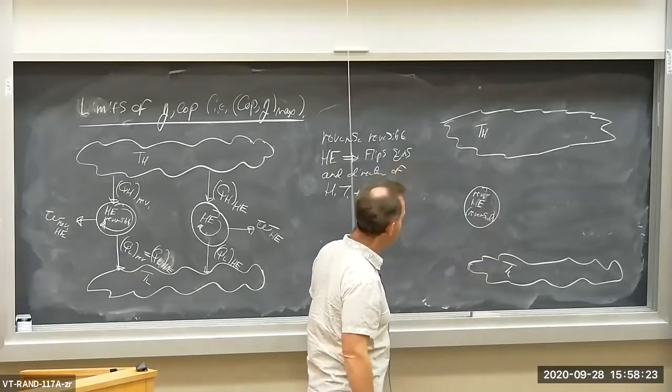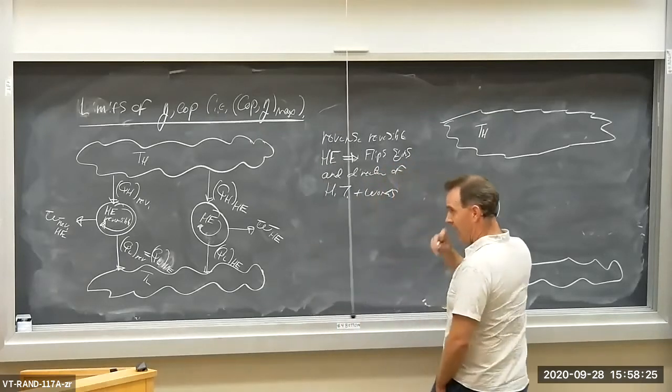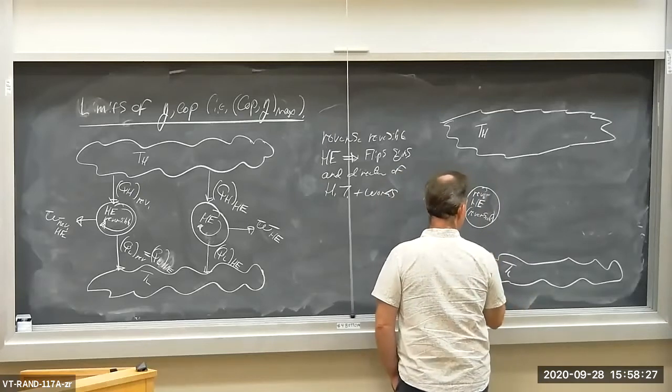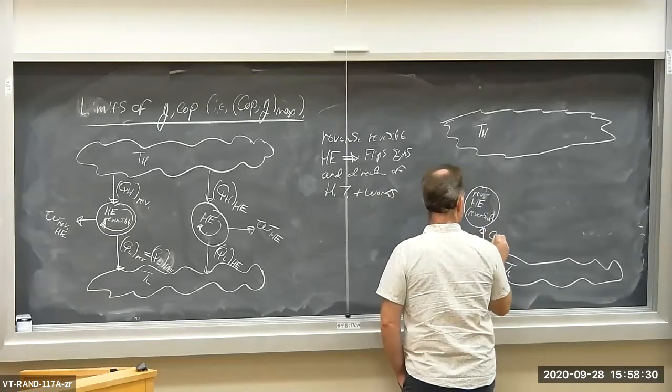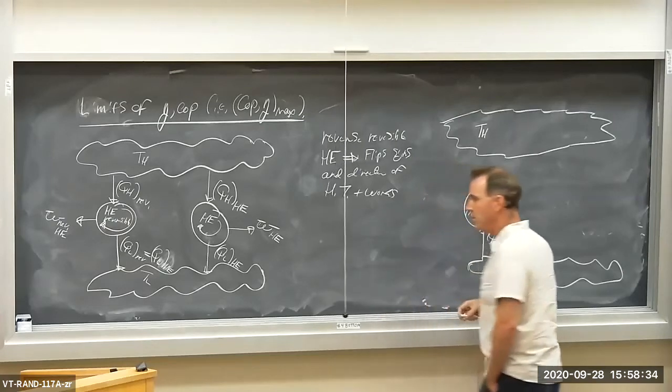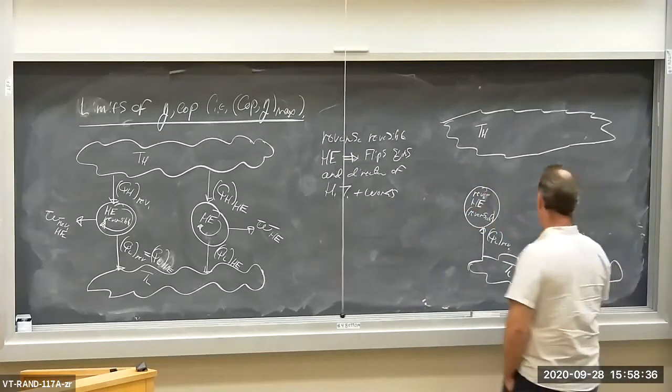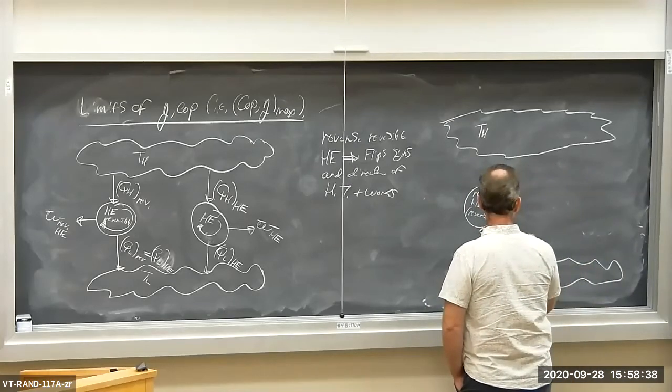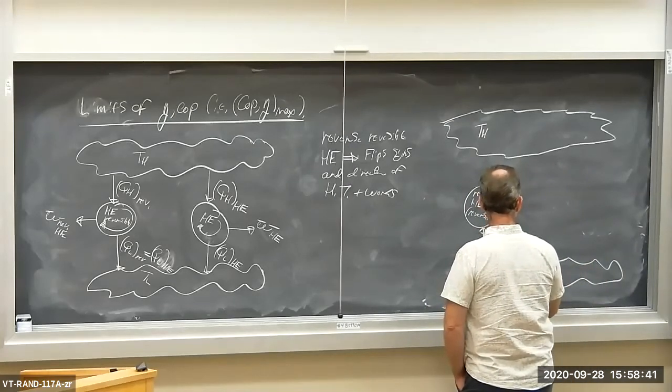So I'm reversing my reversible heat engine. So now it's taking QL reversible, which by the way is equal to QL for my heat engine.